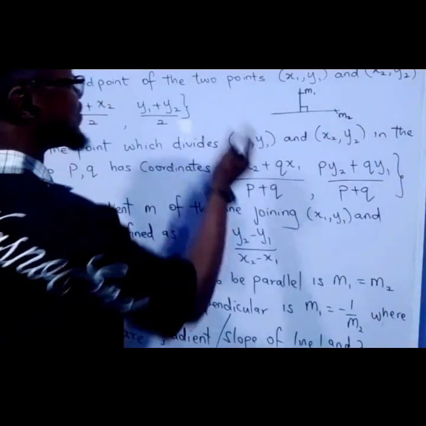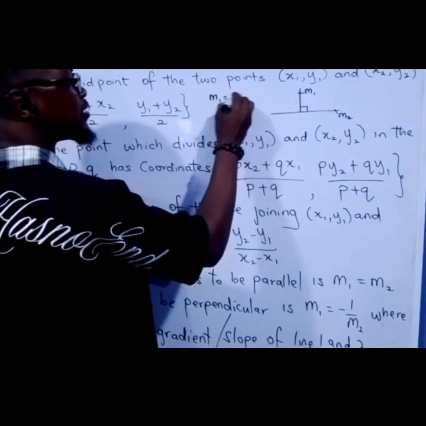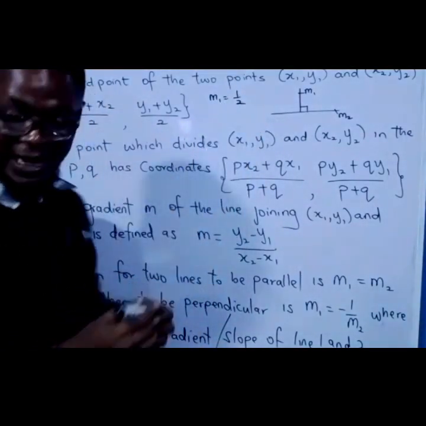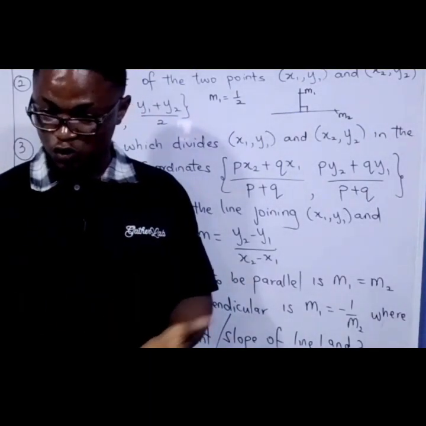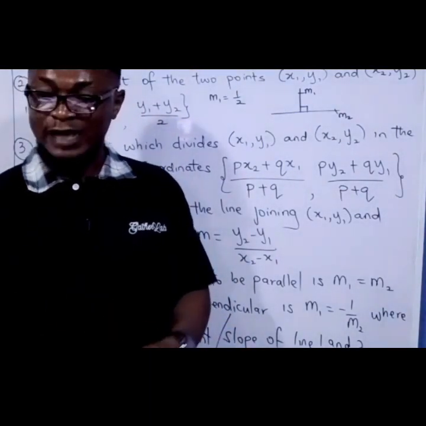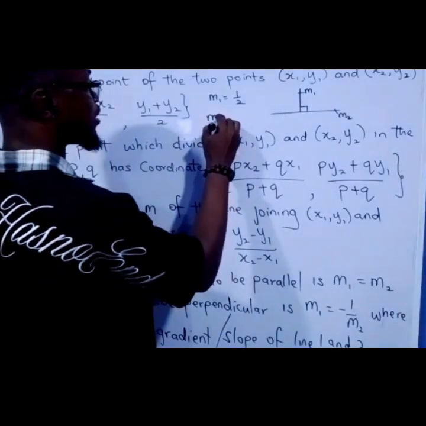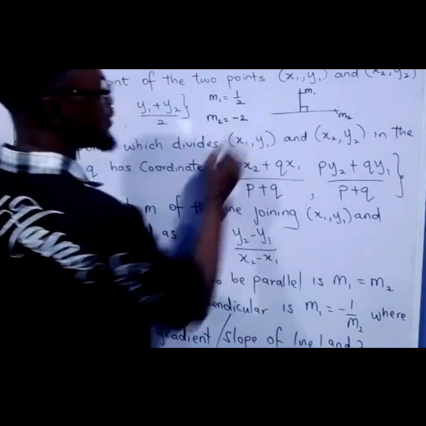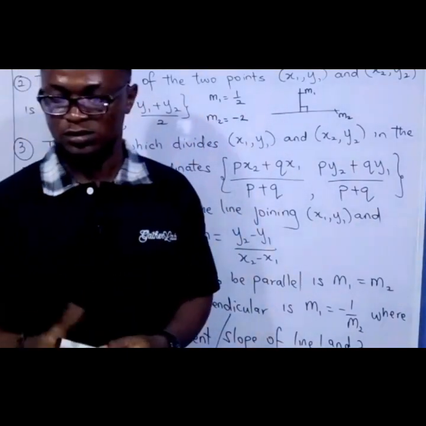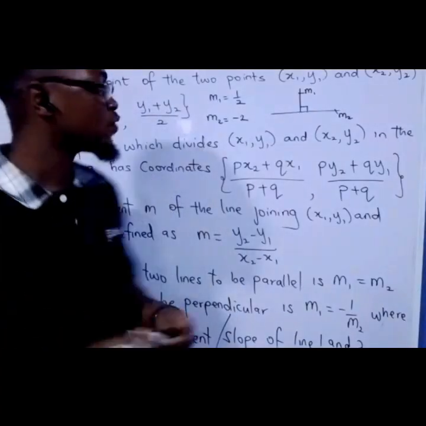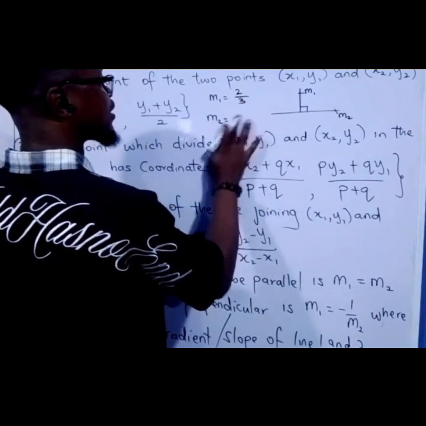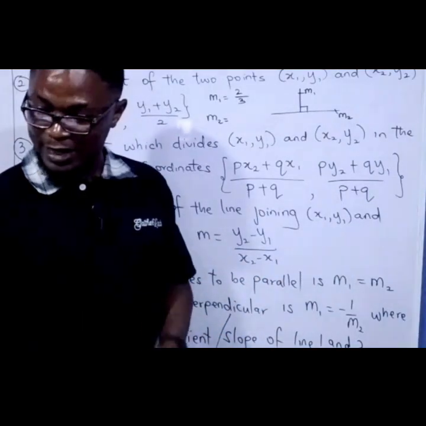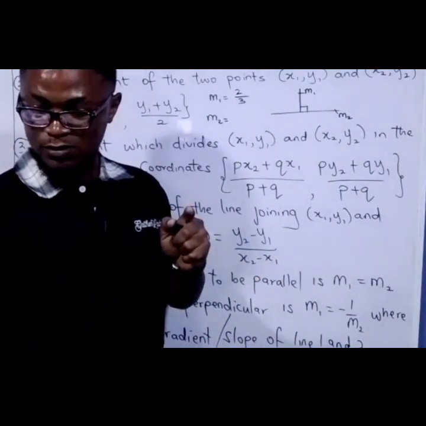For instance, if you give me the first slope as 1/2, right? I turn 1/2 upside down. What does that give me? 2/1. So the second slope will now be, turn it upside down and put negative, minus 2/1. Okay? So if the first line is maybe 2/3, the second line perpendicular to that line will now be what?